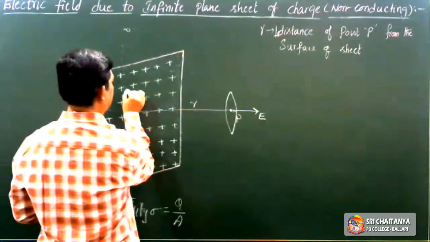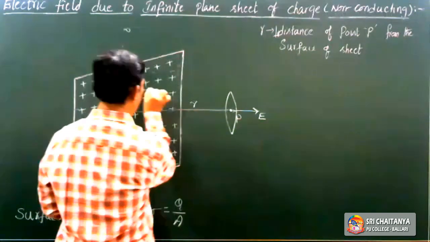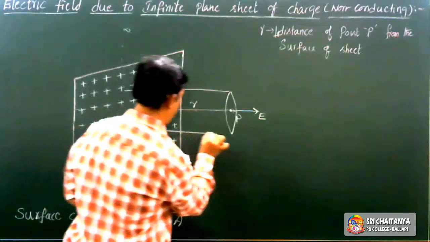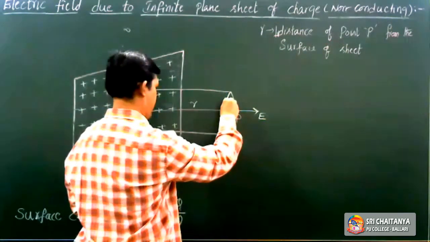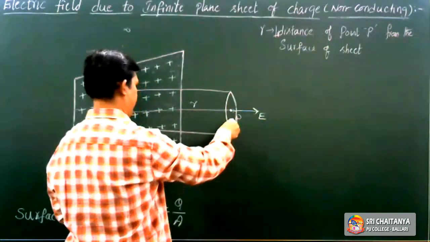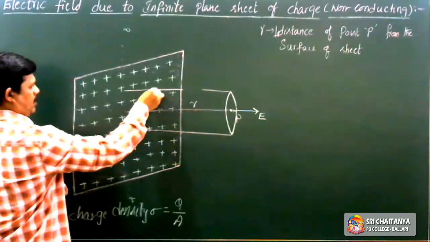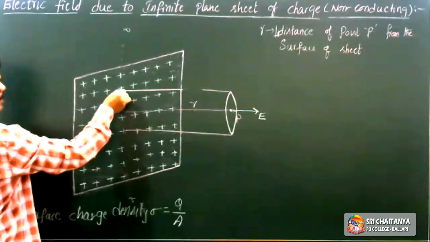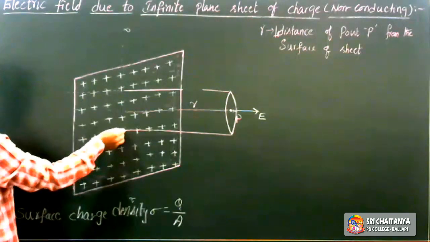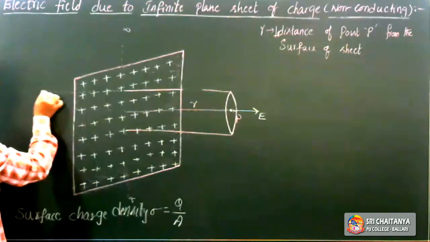Here I am considering a cylindrical Gaussian surface. What is the rule of drawing a Gaussian surface? It should enclose the charge and be symmetrical on either side.